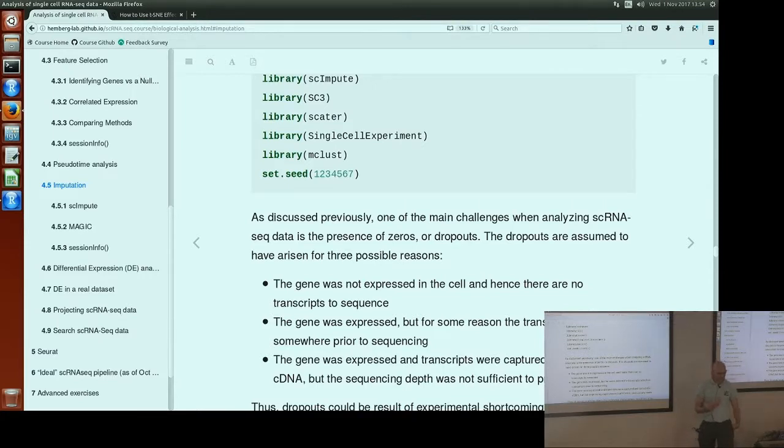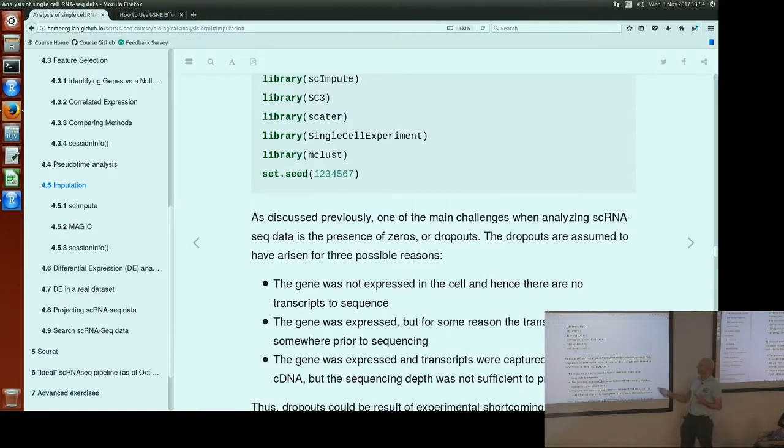So the idea here harks back to the problem that we mentioned several times of having all these zeros present in the expression matrix. And we know from the biology and from our understanding of our experiments that there are really 3 reasons why these zeros could appear.